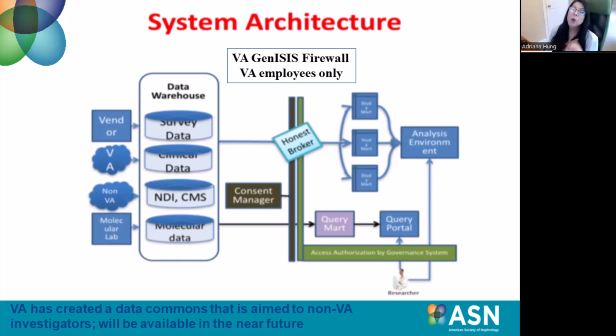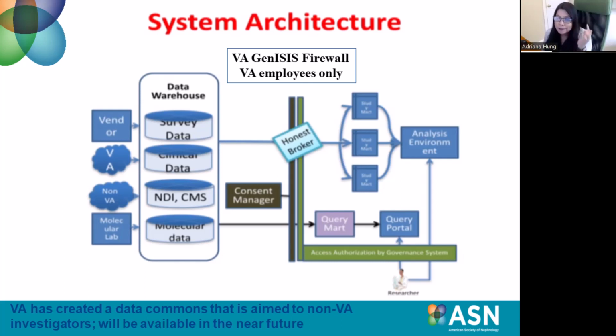But there is one aspect that is great, is that the VA has created something called the Data Commons, that is a computing cloud. And in that computing cloud, the phenotype has been fully de-identified. Yeah, you cannot go down to the granularity you will get in the CDW, but it's not bad. And this particular Data Commons is being created for non-VA investigators.